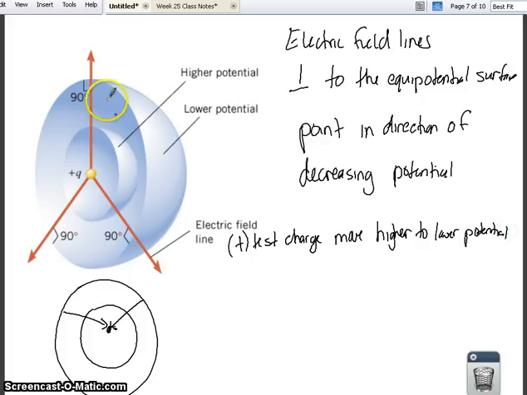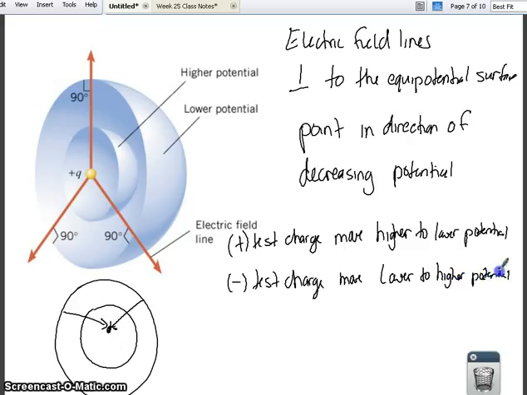So if this was the case right here, it would move away from the center. A negative test charge, and this is stuff we've gone over already, would move from lower to higher potential. So it would move inward. That should be a little bit of a review for you.